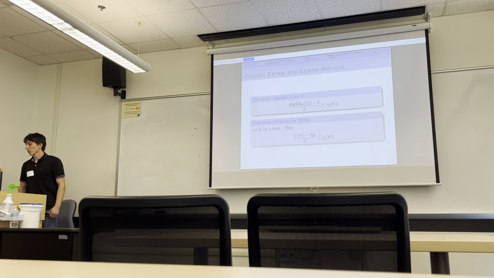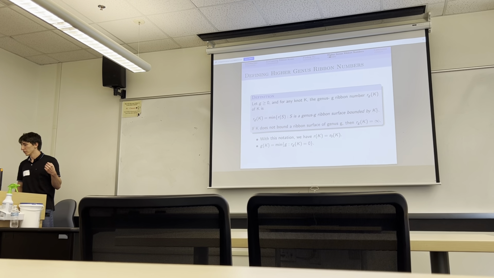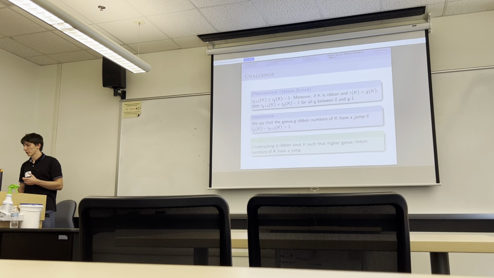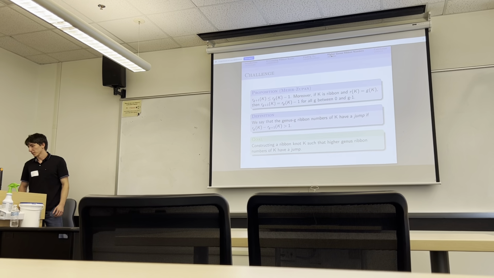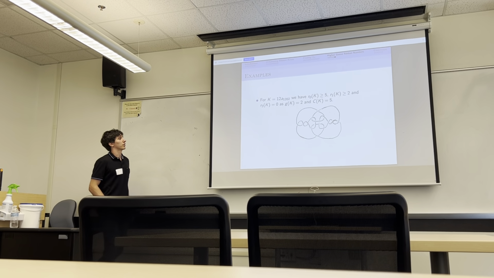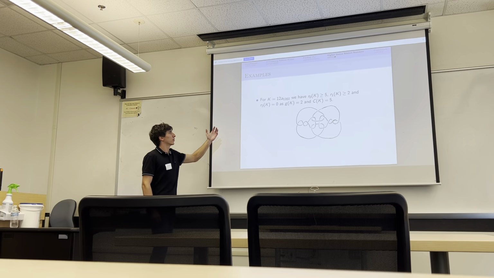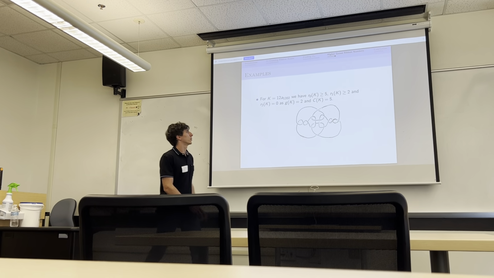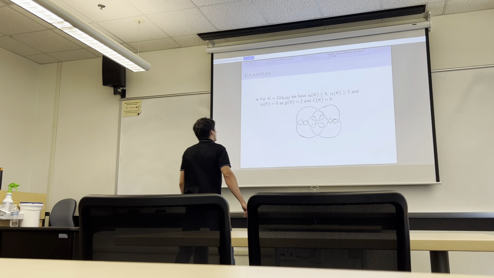And we were interested in finding jumps with the genus g ribbon numbers, which is what we defined here. I'm just going to breeze through that because we don't have enough time, but we ended up finding a construction. We ended up finding a knot, 12a1202, where we have a jump between R1 and R0 because the difference is greater than 1.